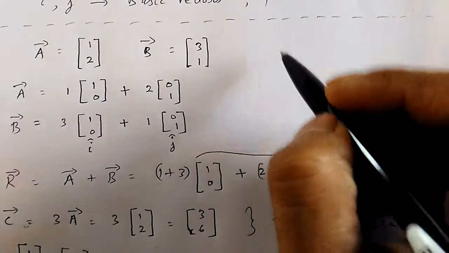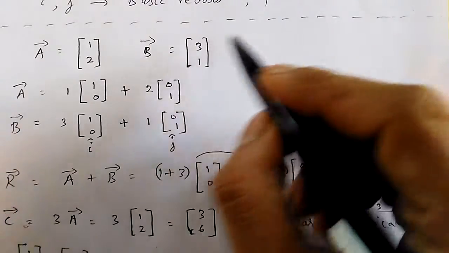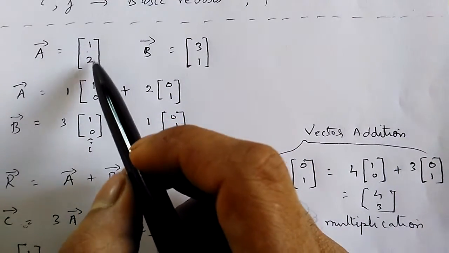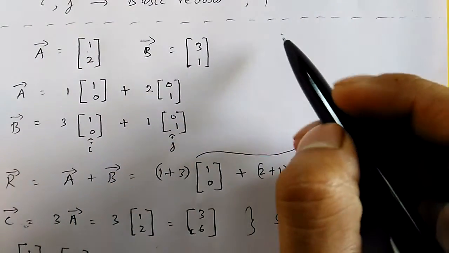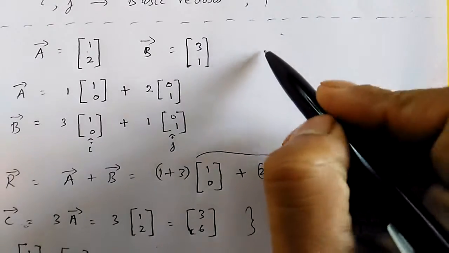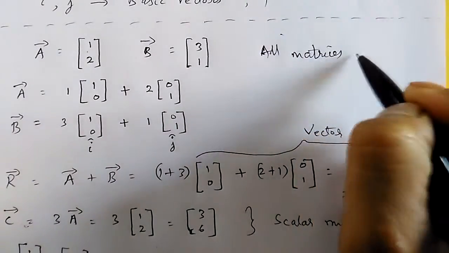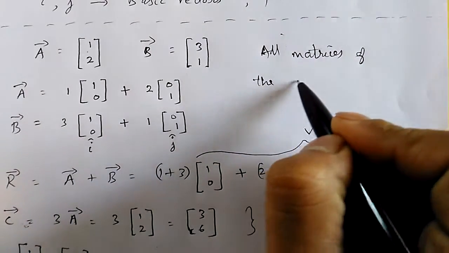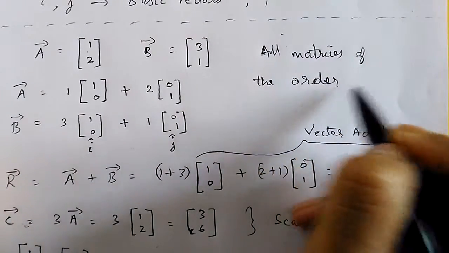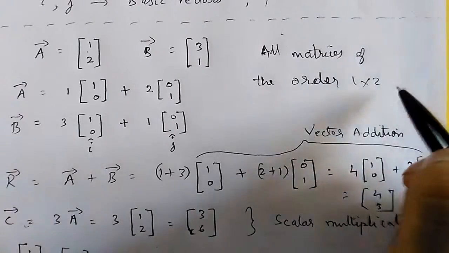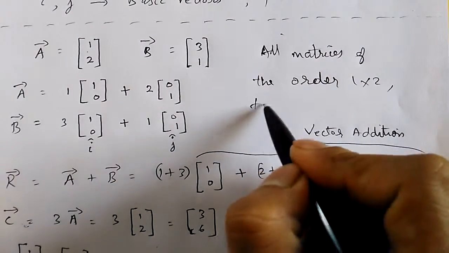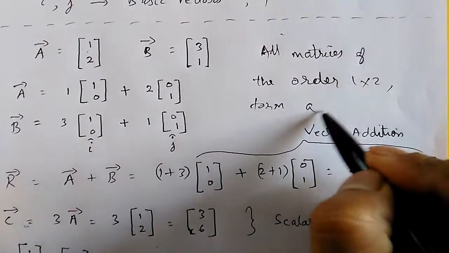So I can say all matrices which have 2 rows and 1 column, all matrices of the order 1 cross 2 form a vector space.